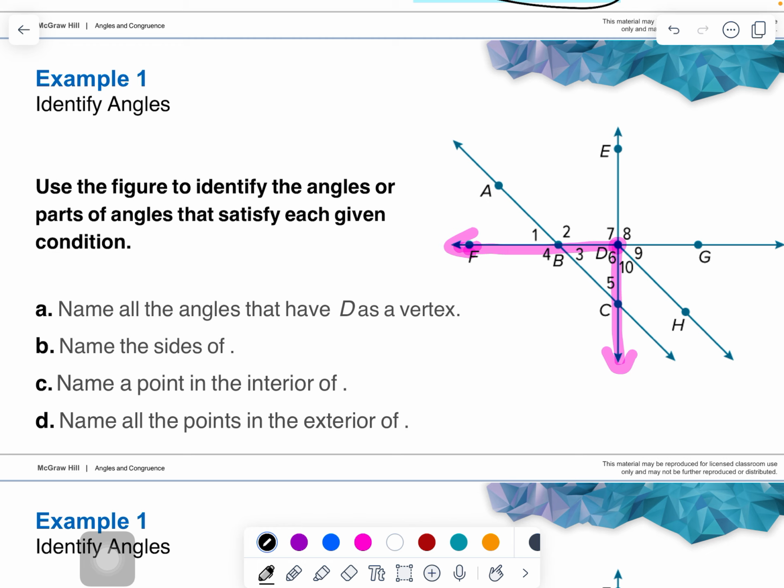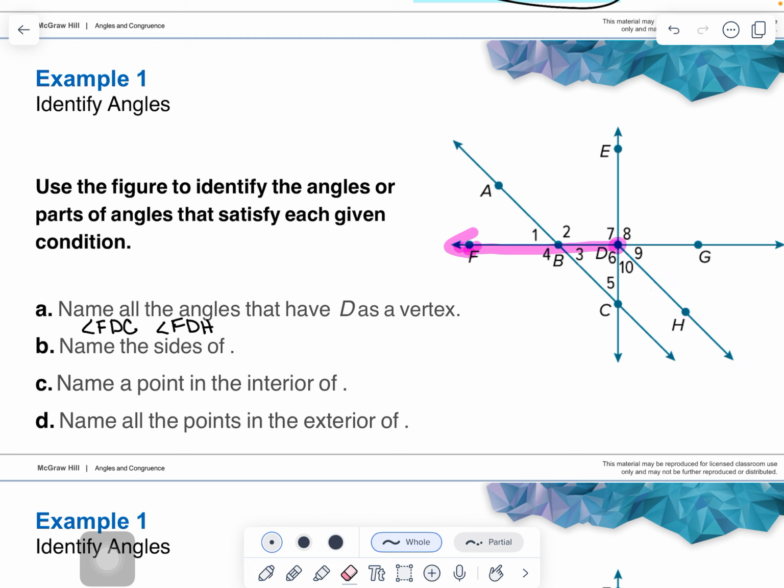I can't name it angle D because there are multiples there, but I could call that angle FDC. That's a good name for it. Now I'm going to erase one of those and go ahead and do that one. That's angle FDH.